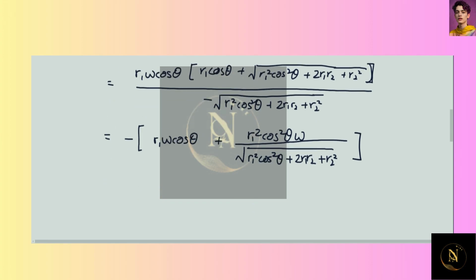Or if you want it to be neater, you can simplify further by taking out r1 omega cosine theta.